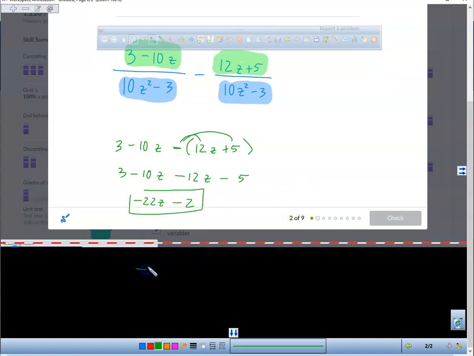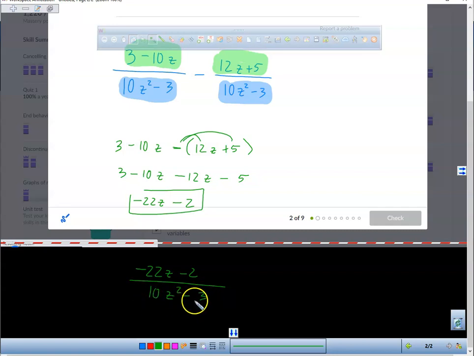So we're going to have negative 22z minus 2 all over the same denominator, 10z squared minus 3.